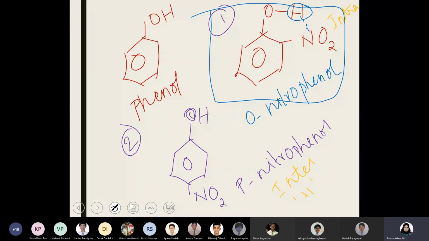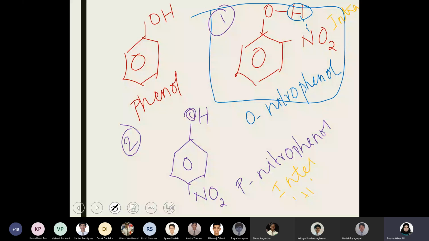So they will not go for inter, because within the molecule itself that hydrogen is already bonded. But in the second case, para-nitro, OH and NO2 are far apart, in opposite directions, so it is not possible. When groups are adjacent, then only hydrogen bonding is possible, because it's a weak force. It's not like covalent bonding, which is very strong. If the atoms are not close towards each other, then they will not bond.